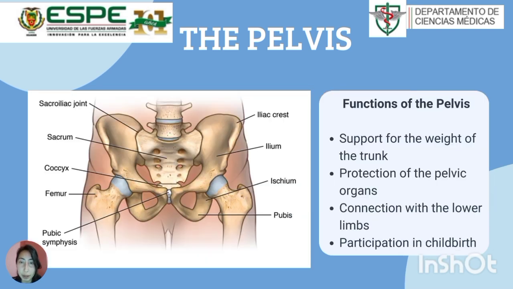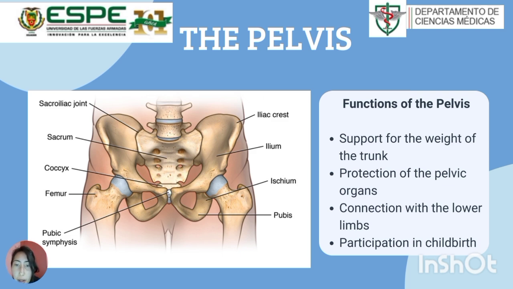Function of the pelvis. Now let's talk about the key functions of the pelvis. First, the pelvis provides support for the weight of the trunk, which is essential for maintaining balance and posture. Second, it serves as a protective structure for the pelvic organs, including the bladder, rectum, and reproductive organs.